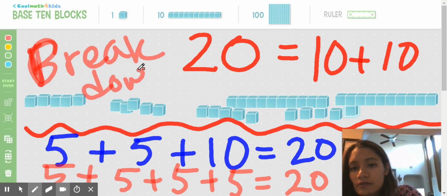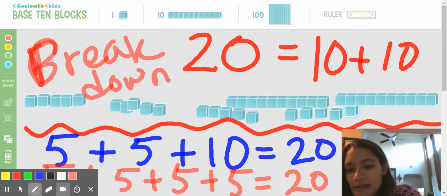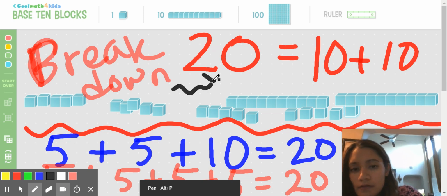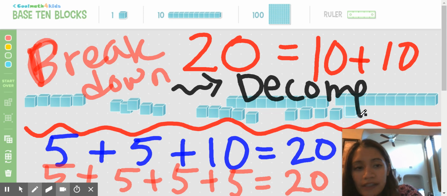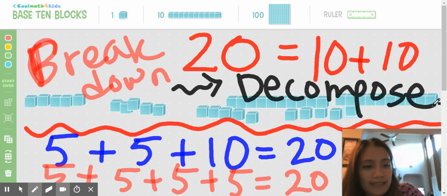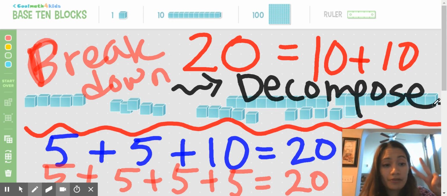Break down means to decompose. And when you get to my table, we're going to practice more on 2-digit numbers only today. Different fun ways to decompose.